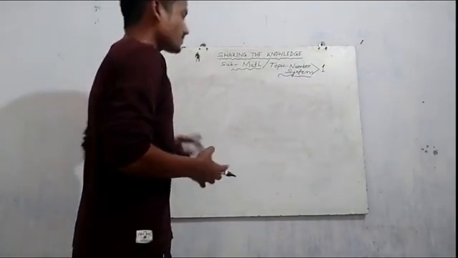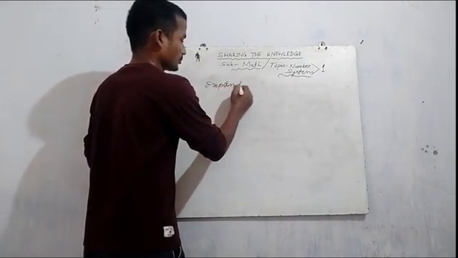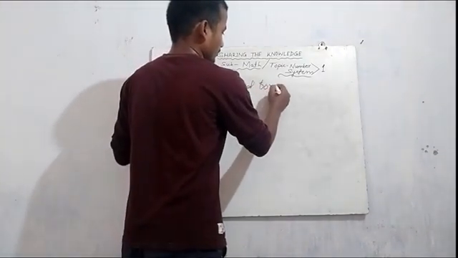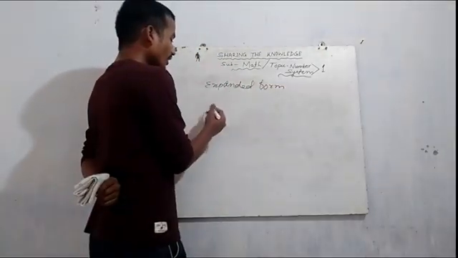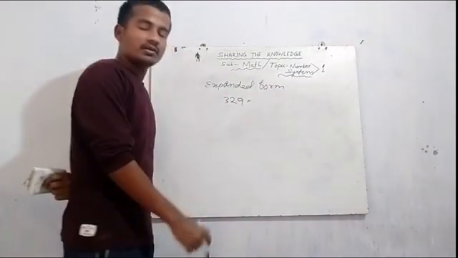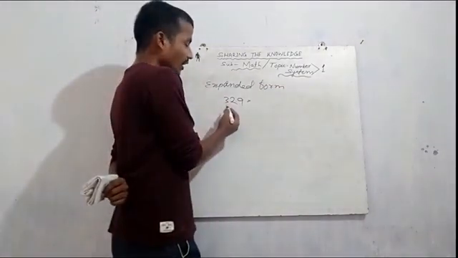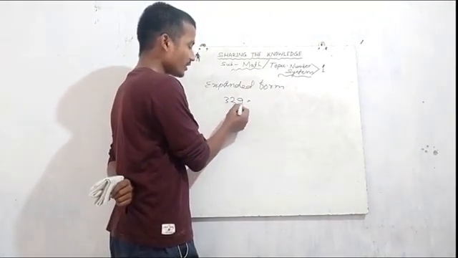Then expanded form. Expanded form of numbers. So when a number is written like this, 329, write this number in expanded form. How do we read this? 329.